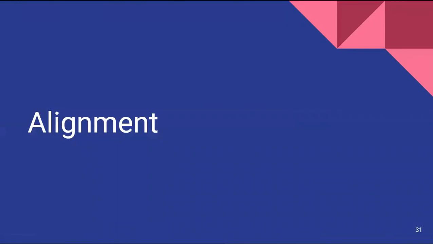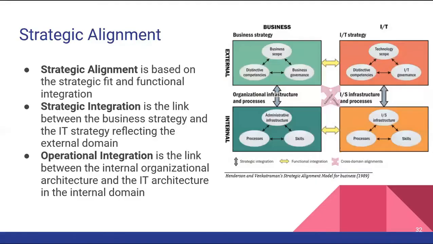So now I'll be talking about alignment issues. Strategic alignment is based on the strategic fit and functional integration. For strategic execution, enrollment services business strategy is connected to the information and application infrastructure because U of T's strong IT team, access to the technological resources, skilled staff, and innovative culture provides the university the organizational infrastructure and culture to support a new information system infrastructure.